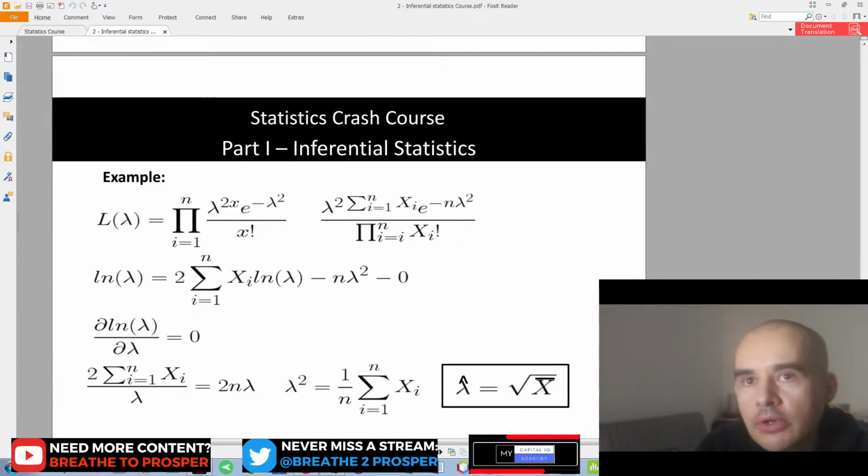The way for us to calculate this, because in statistics we talk about an independently identically distributed data set, what that means is that each point you can multiply, because those are independent. So when you have a maximum likelihood function, you use the product function. You have a distribution function here.